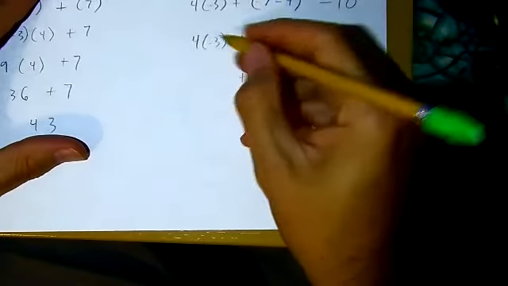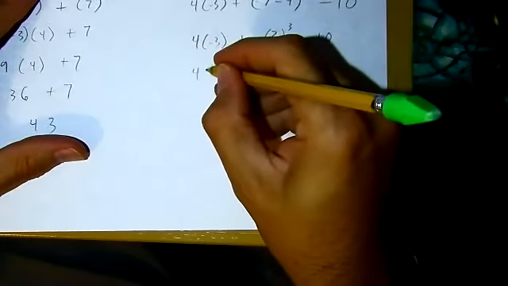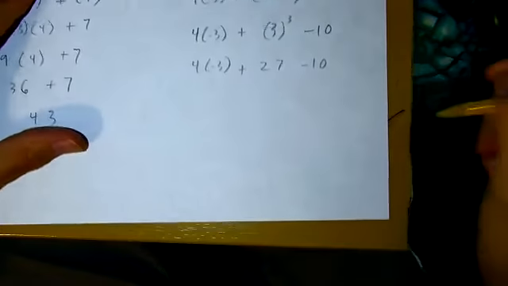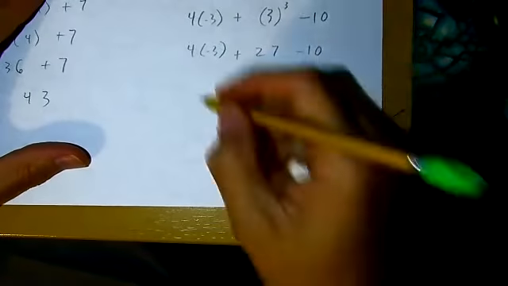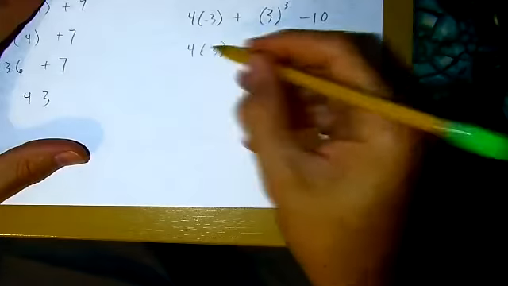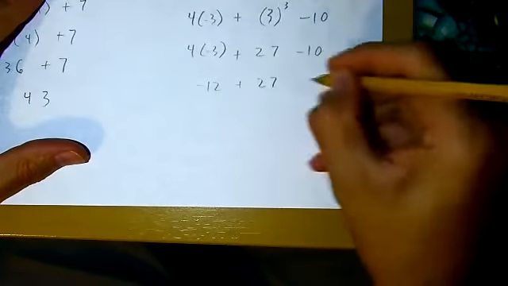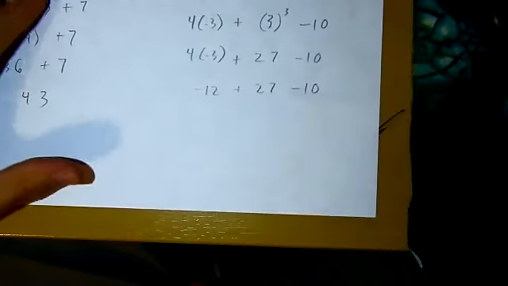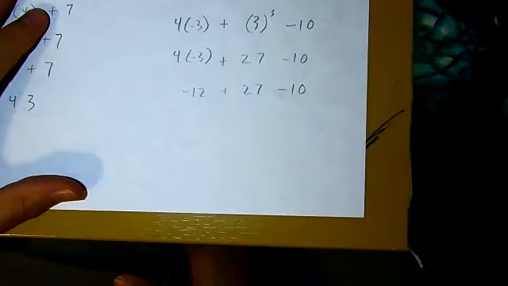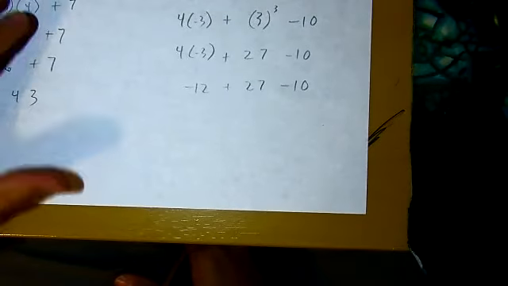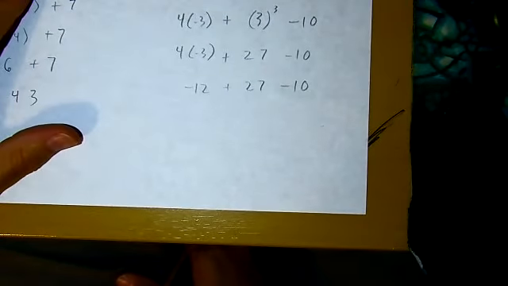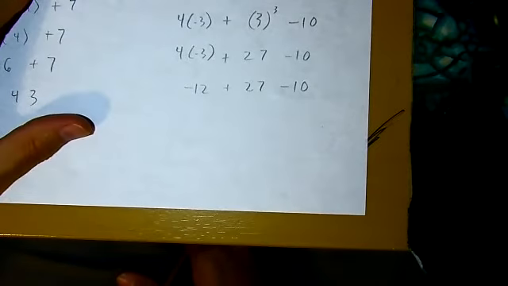Now, if you want, it's not going to hurt anything to go ahead and multiply that all in the same step. But if you want to keep it one step at a time, you can bring that down. So 4 times -3 is -12. It's 27 minus 10. Now, here's where you have a little bit of leeway in how you solve this. I said it's a good habit to work it left to right.